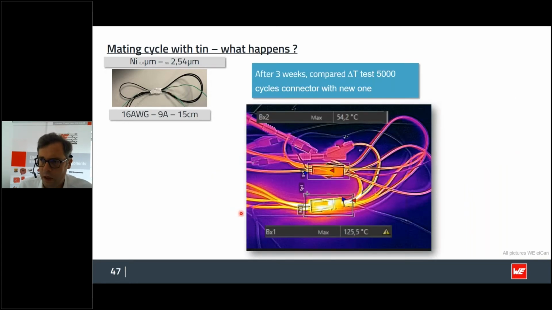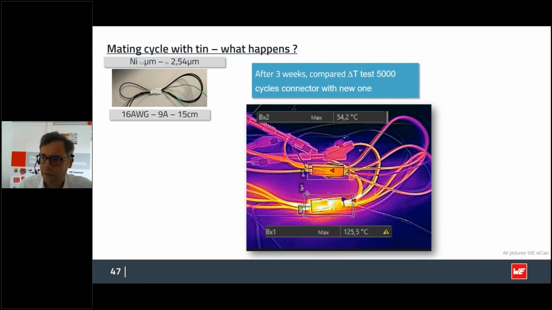Also with the thermo camera, you can see that when using 5,000 mating cycles, which is quite a lot, you have a very high increase of the temperature. That one, which had around 5,000 mating cycles, was much higher with the maximum temperature and maximum current that was applied in comparison to the connector that has around 25 mating cycles.